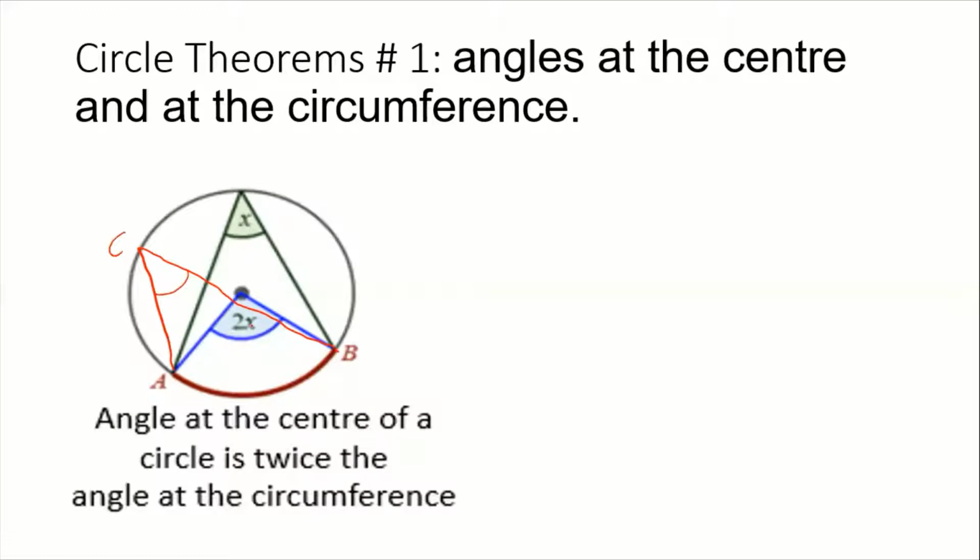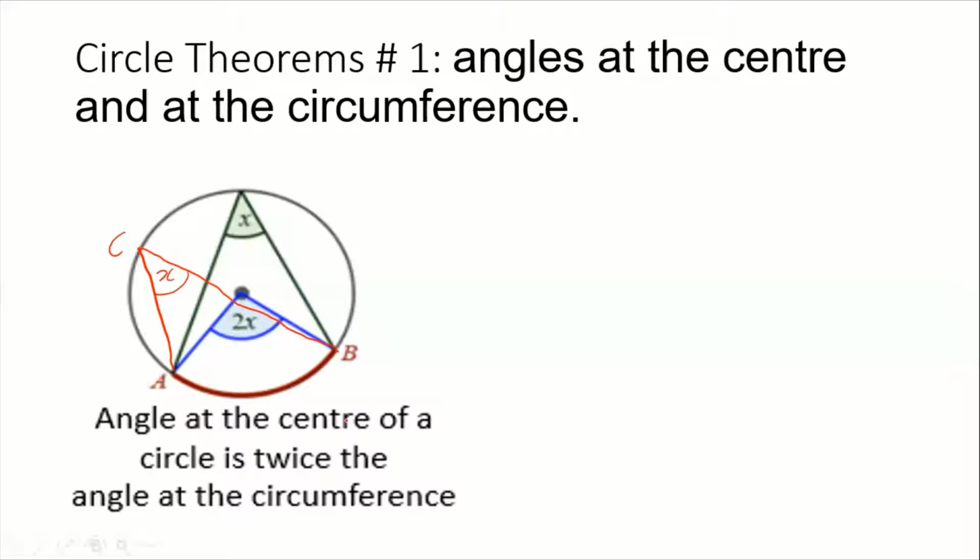So since the one at the center is twice the one at the circumference, the reverse is also true, to say that the one at the circumference is going to be half the one at the center. So this is going to be x as well.